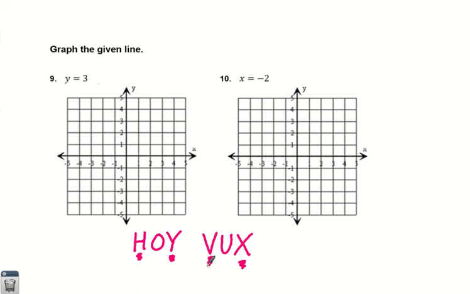And before I forget, that's where this memory trick, this acronym sort of thing, comes into play. HOIVUX. So if you can remember HOIVUX, you can remember that for horizontal lines, the equations are only like y equals something, and for vertical lines, the equations are only x equals something, like x equals -2.